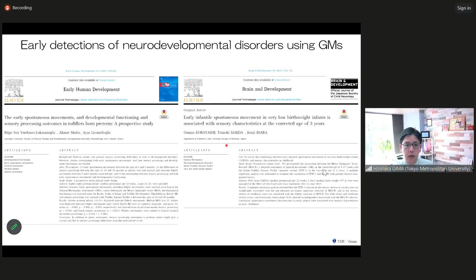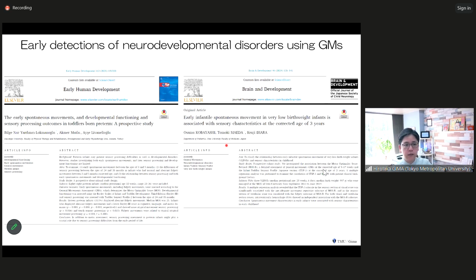In addition to diagnosis of developmental disorders and developmental delays, there have also been recent reports of association to sensory processing characteristics.